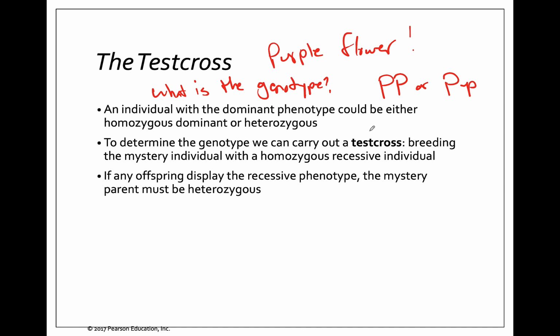So in order to figure out what the genotypes were of his F2 cross, because Mendel didn't know whether the purple flowers were big P, big P or big P, little p, he did a test cross. A test cross is when you take your purple flower and you mate it with a homozygous recessive individual. So I'm going to mate this with a true breeding white, or little p, little p, individual.